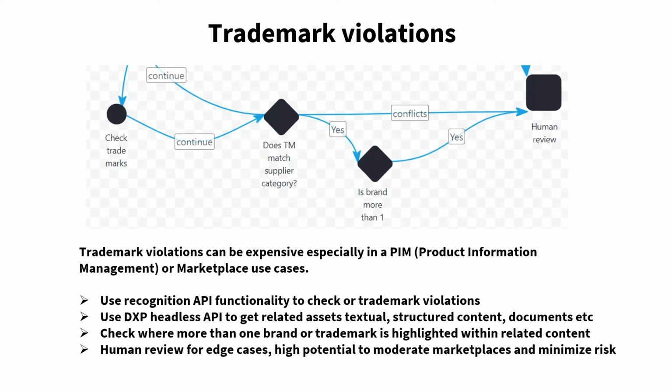We have a greater tool set. So what we can do is use recognition API functionality to check for trademark violations. And we can do this on videos, on images, but also on text. And again, we can get all the related assets together and make sure that we're not mixing Mercedes with Porsche.